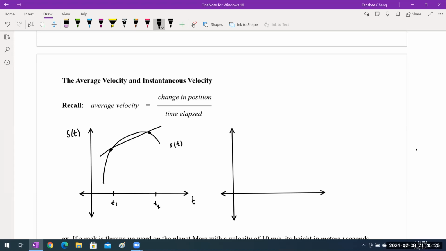The slope of the secant line that we were talking about earlier. So one interpretation we can get right here is the slope of the secant line on the position function in a certain time interval. That is basically talking about average velocity.